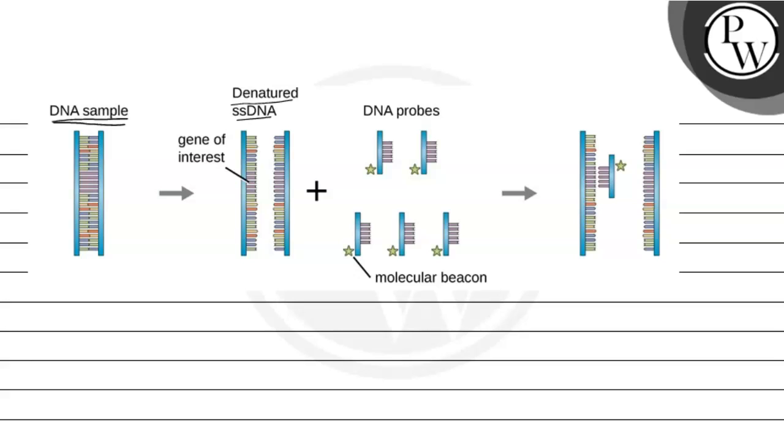Now in that single-stranded DNA strand, we are going to have a gene of our interest. So consider if this is the nucleotide sequence which is the gene of our interest. So now this will be known as the target DNA and this target DNA has a particular nucleic acid sequence. Now the DNA probes which are designed will be complementary to the target DNA.